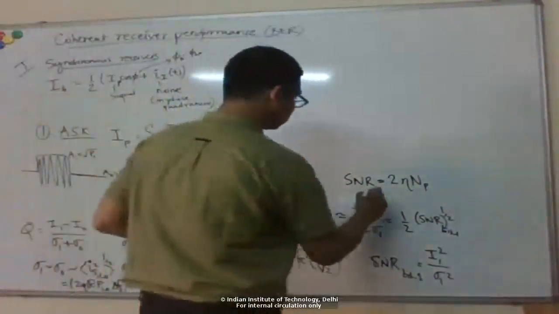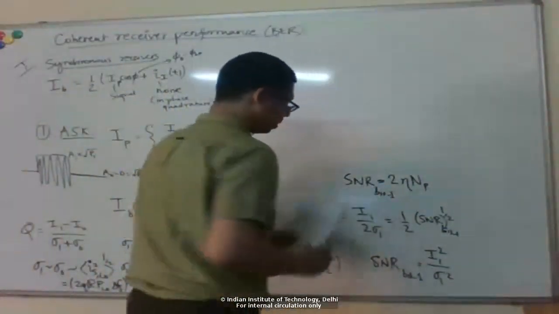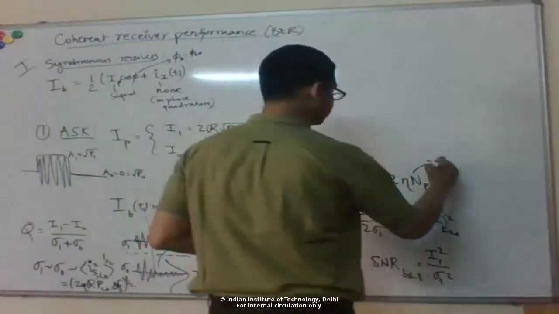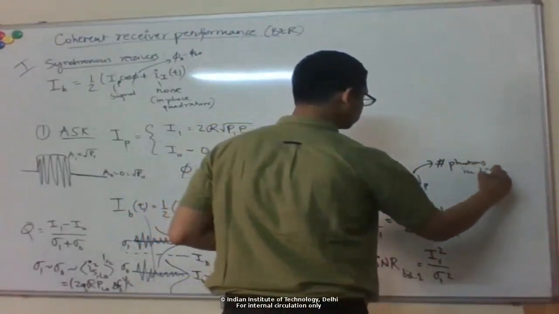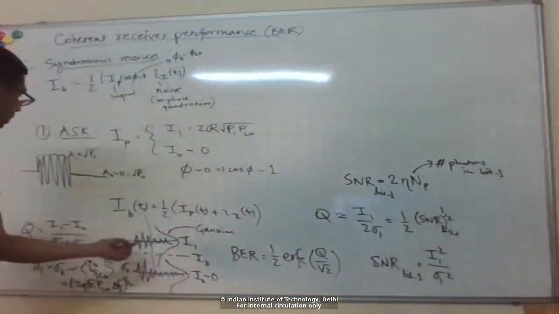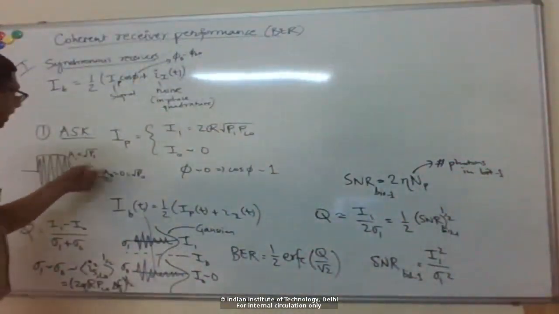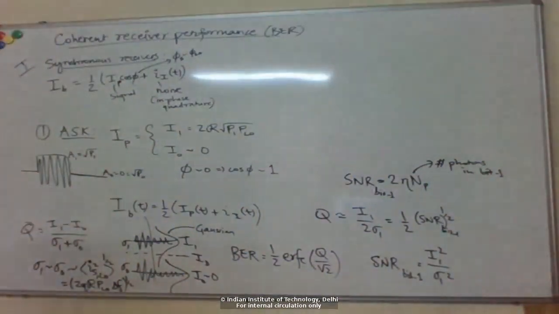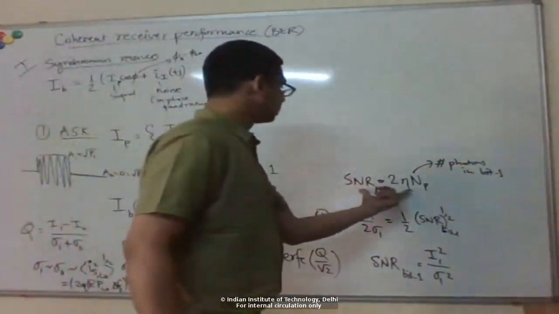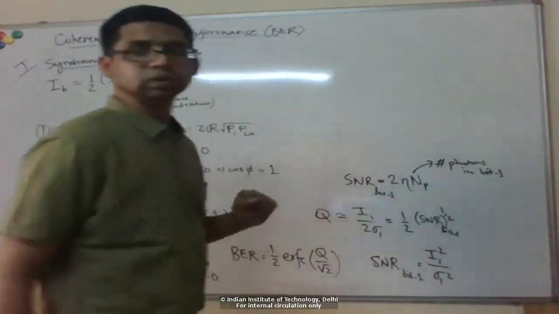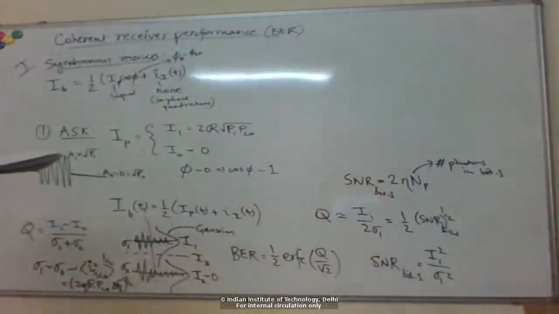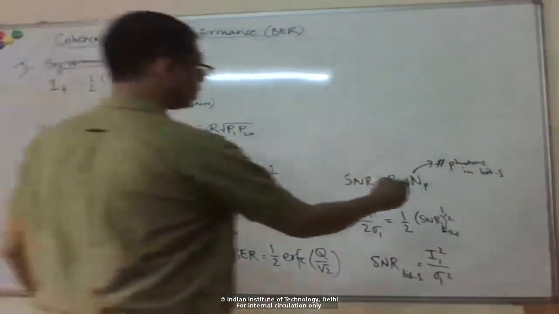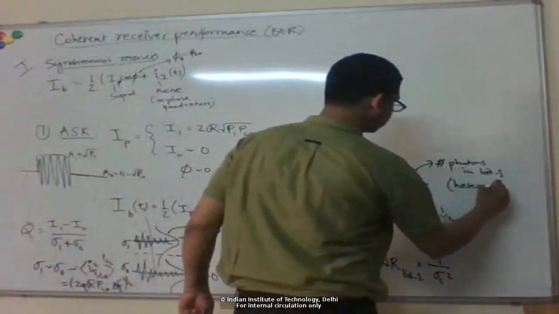If you're looking at the SNR for bit 1, then NP here is the number of photons in the bit. Because of course for ASK, for bit 0 we are not sending any photons at all, right? This expression we had derived in the last class, in the shot noise limit, and this was for heterodyne detection.